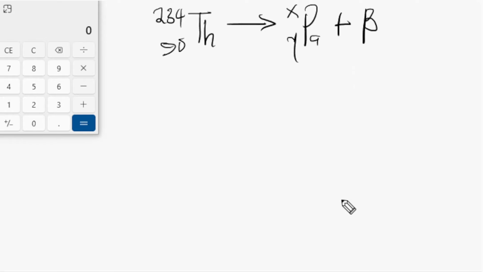So guys, for a beta particle, the mass number will be 0, and then the atomic number will be -1.